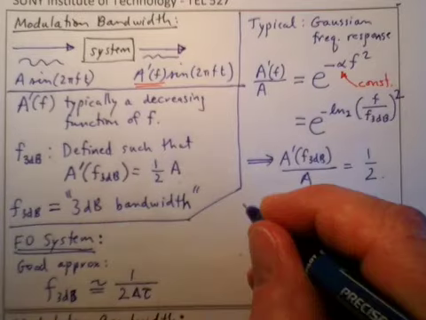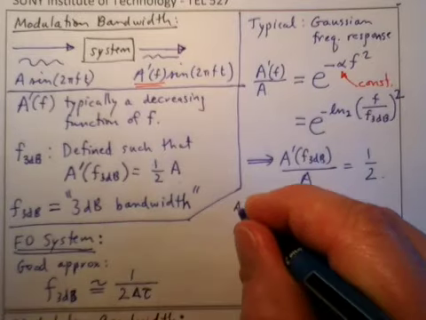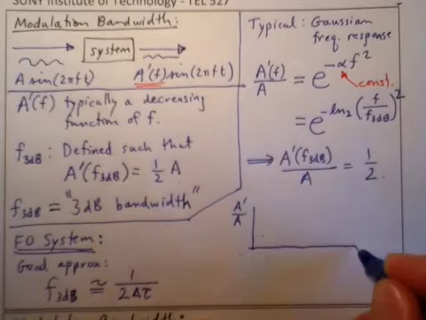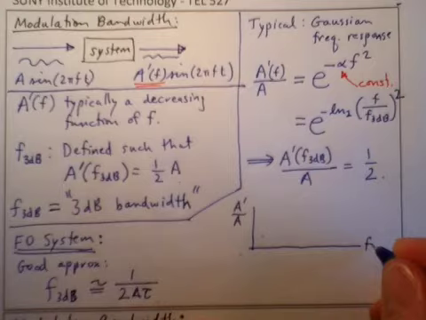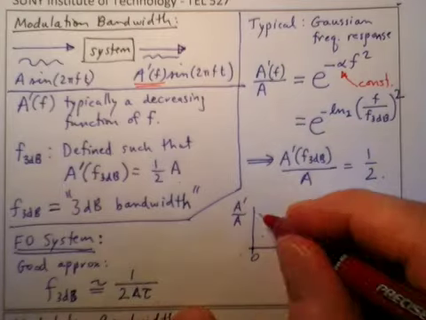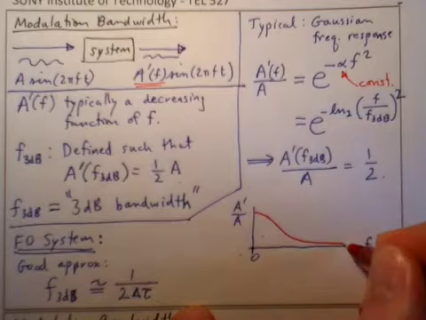I'll make a quick plot of A prime over A as a function of frequency, and at 0 frequency we're going to have a Gaussian here. Okay.